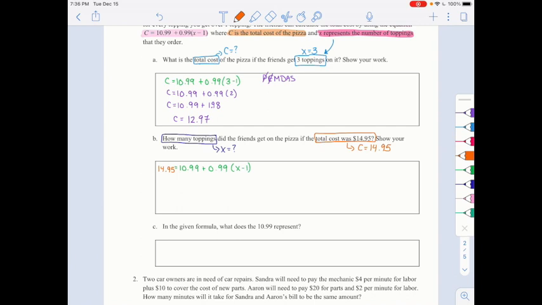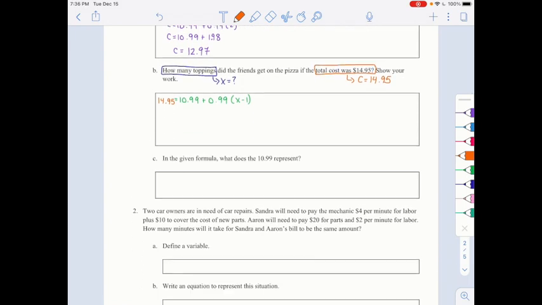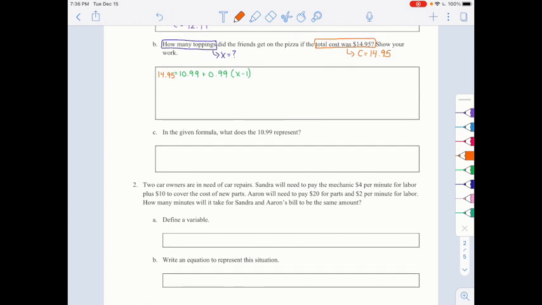There's a couple ways to solve this. So I could distribute. So I'll show you a couple of ways you can do this. First option here to get rid of my parentheses would be to distribute.